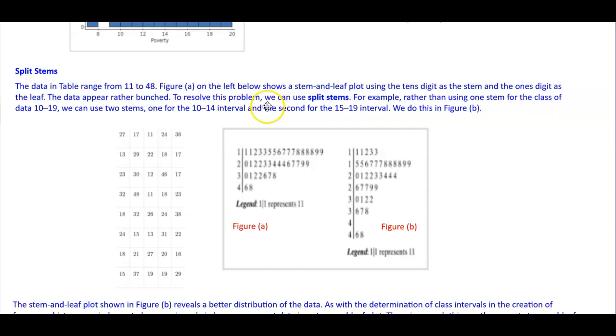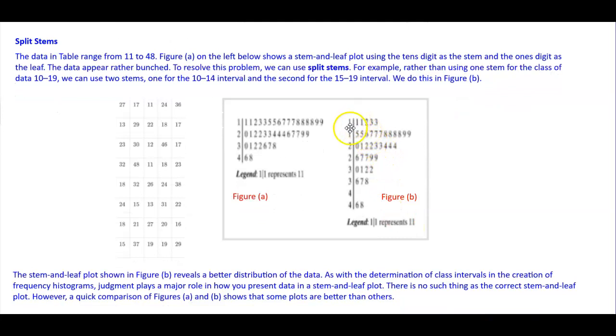To resolve this problem, we can use split stems. For example, rather than using one stem for the class of data 10 through 19, we can use two stems. One for 10 to 14, which is the first line in figure B, and a second for 15 to 19, which you can see here in figure B. So therefore, this is a split stem.